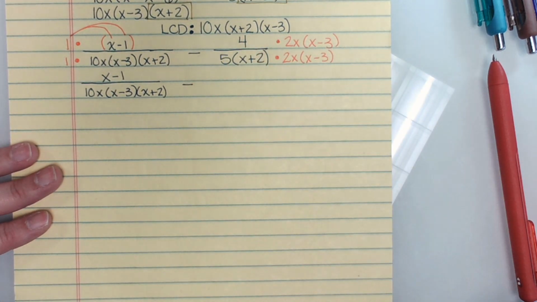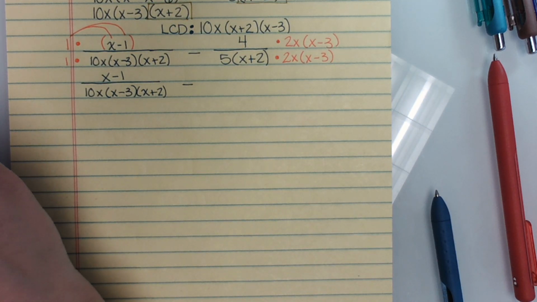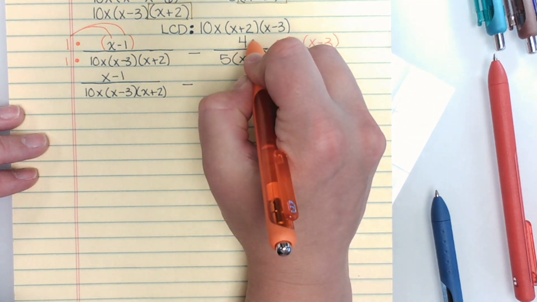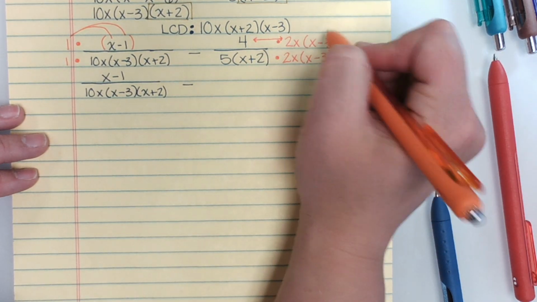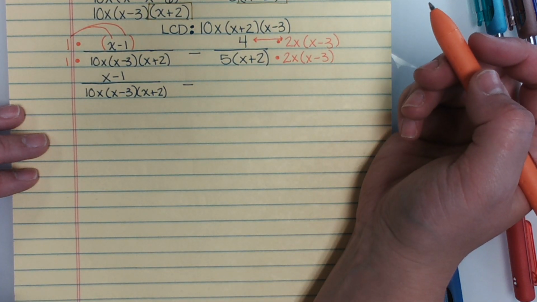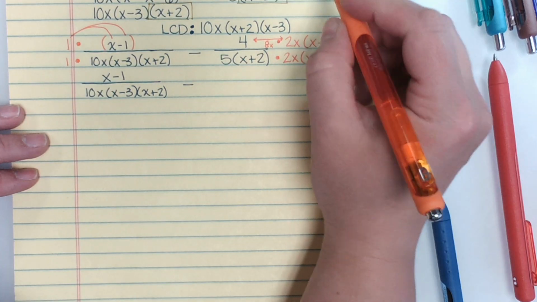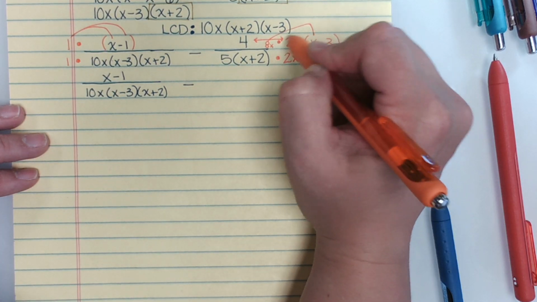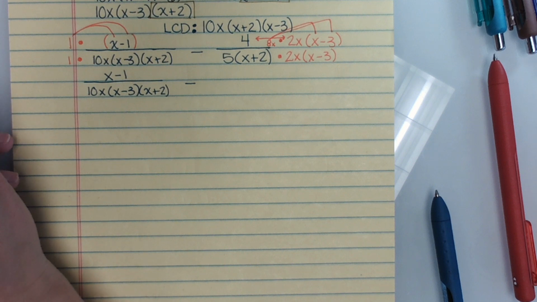What is getting distributed into those parentheses? Technically not just 2x. All of this is getting multiplied, which means these two things together are getting distributed in. What is 4 times 2x? 8x. That is what is getting distributed into the x minus 3.